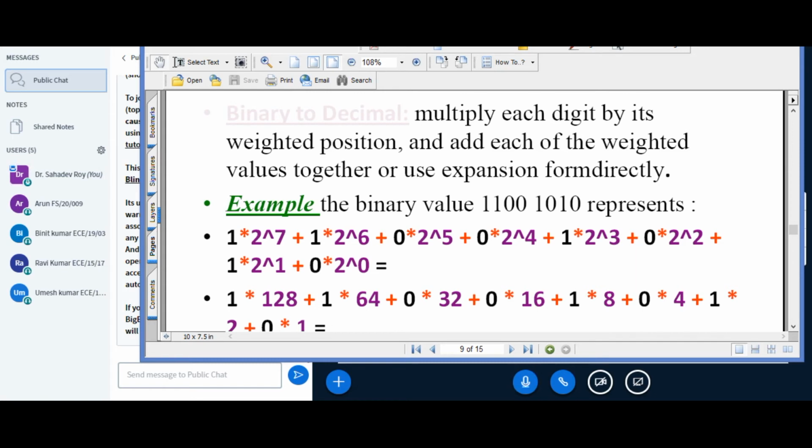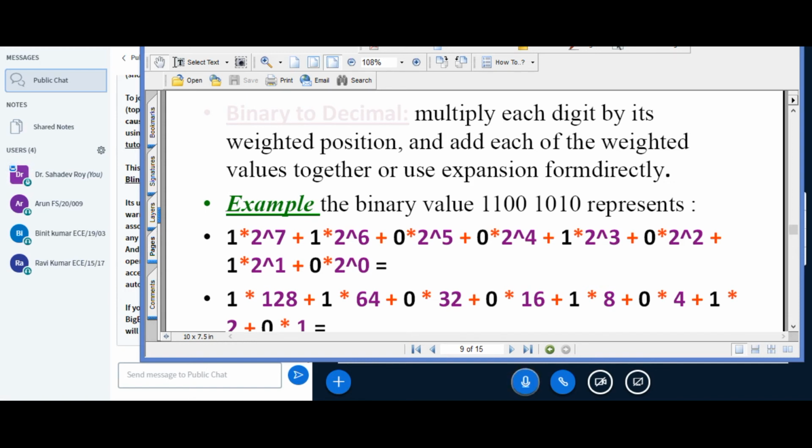The LSB means the least significant bit, which is the one whose weight is lowest, because it is 2 to the power 0.